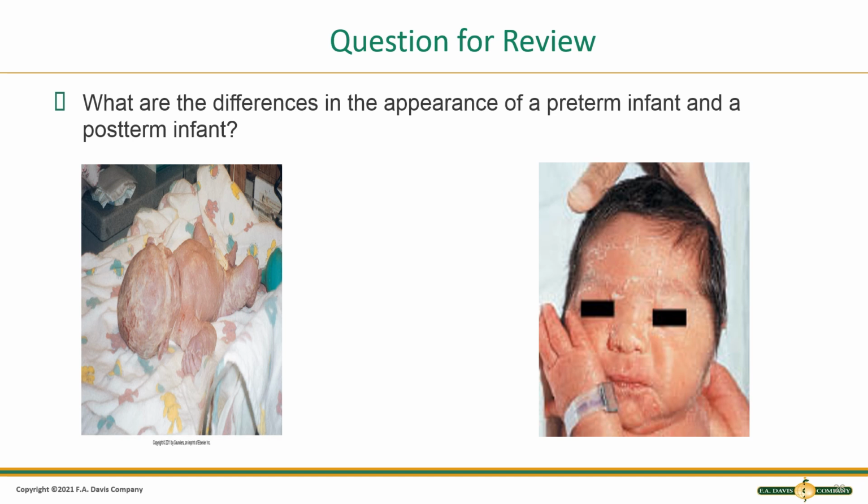We see the superficial veins, the abundance of lanugo, the vernix is present. They don't have as much subcutaneous fat. They have inadequate respiratory function. They may have periods of apnea. They might have hypothermia because their thermoregulation is not ready to be controlled yet.